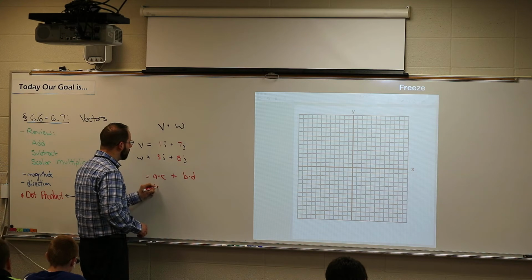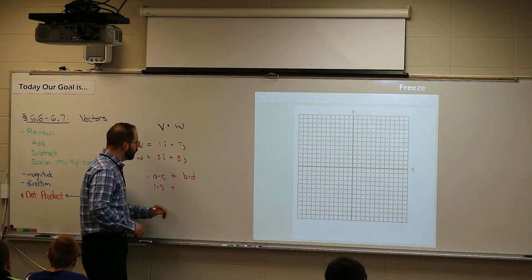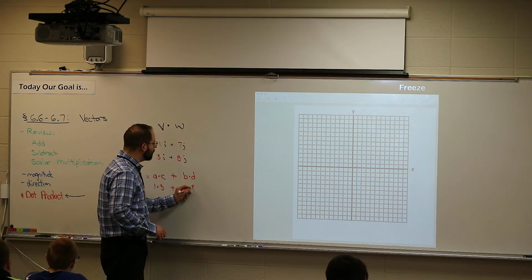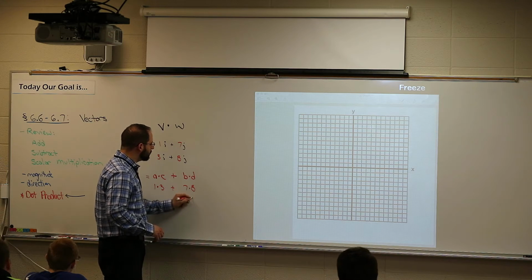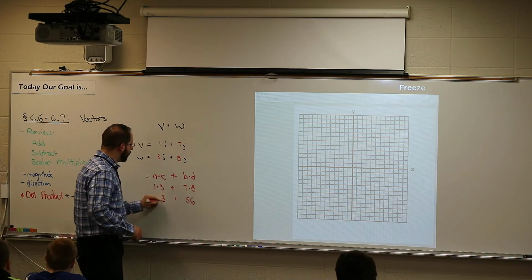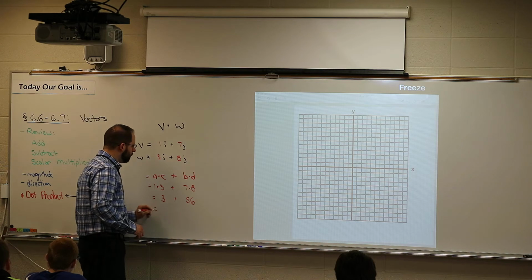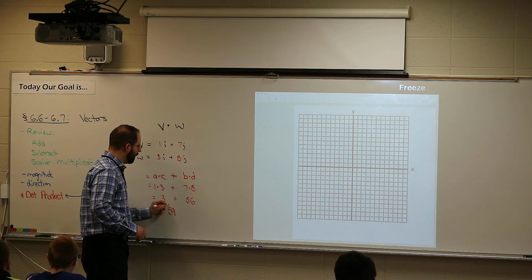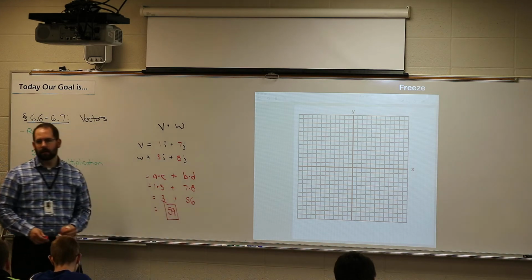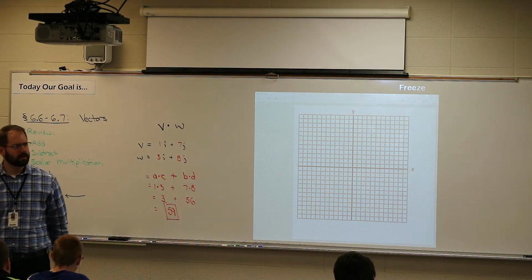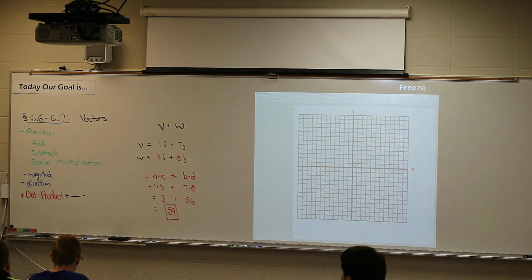So multiply the i components, so 1 times 3, plus the 7 times 8. So this turns out to be 56. This turns out to be the number 3, and when you add them together, what do we get? 59. All right, you get 59. What? It's a number, right? It's just a digit. The hard part is, what does that mean?